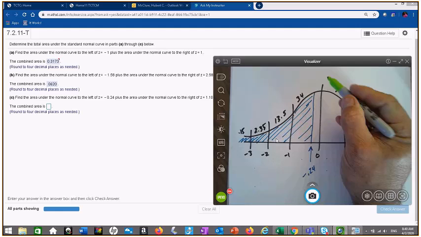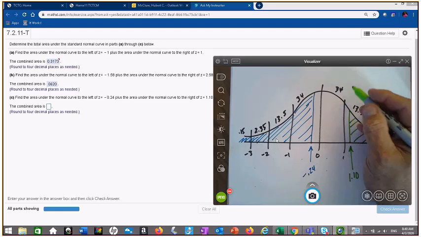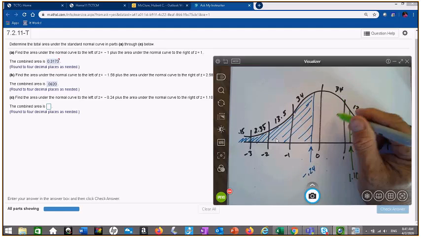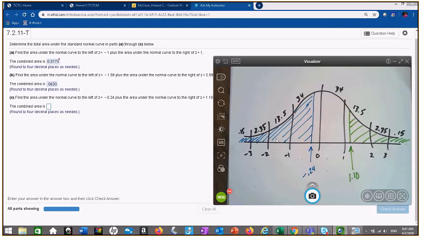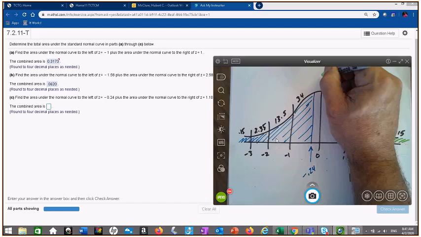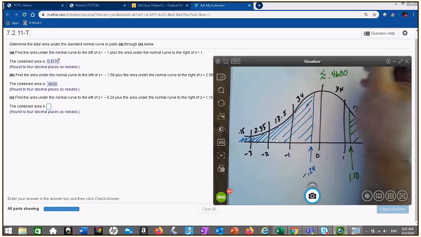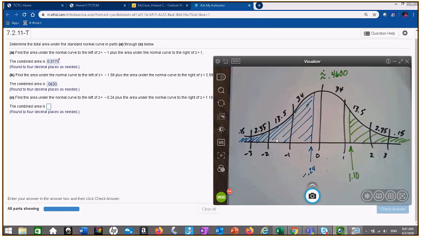So that's 10 plus 34 plus a little bit more, say like 2. So that's 36 plus 10. I'm going to say it's around 46%. By the empirical rule, I'm going to say it's around 0.4600. And that's doing it haphazardly.